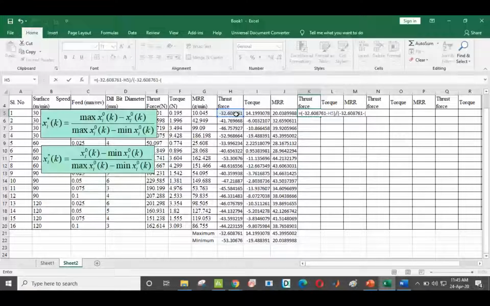So it comes around this value. Whether the formula is correct or not, that we can check. Just copy this and just paste.